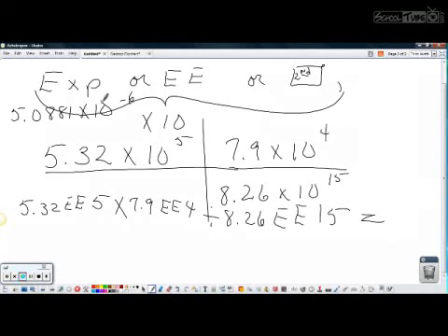Now, tomorrow we're going to learn, and I'll go ahead and mention it today, when you multiply numbers in chemistry class, you have 3 significant figures here, you have 2 significant figures here, and you have 3 significant figures here. You're going to round this number off to 2 significant figures.